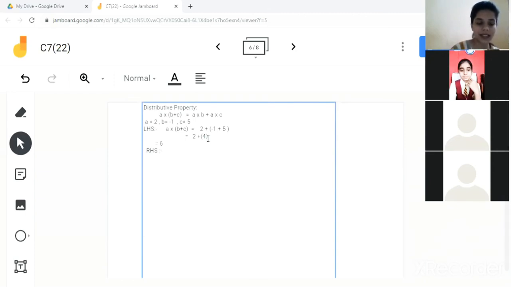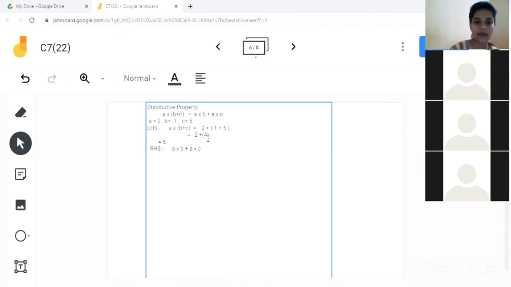Now, if we are taking right hand side, so in right hand side, a multiplied by b, then added with a multiplied by c. Now put all the values of a, b and c. 2 multiplied by -1.